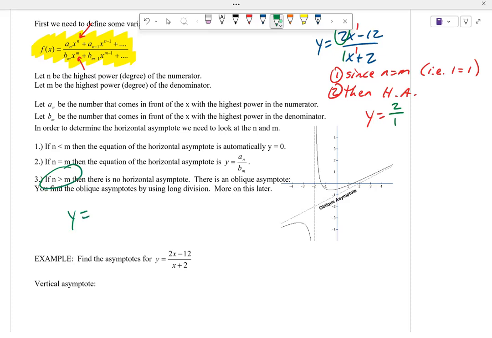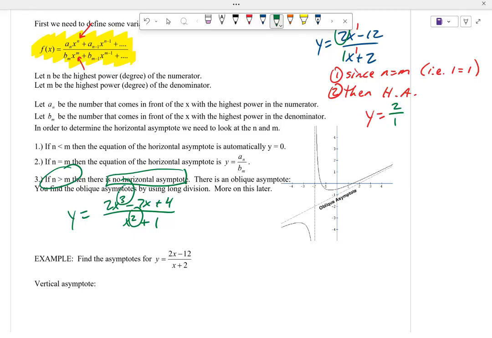So let's say you have 2x cubed minus 7x plus 4 over, let's say, x squared plus 1. See how the degree of the numerator is larger than the degree of the denominator? That means there is no horizontal asymptote.